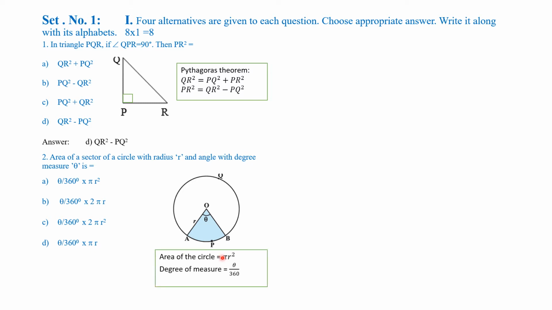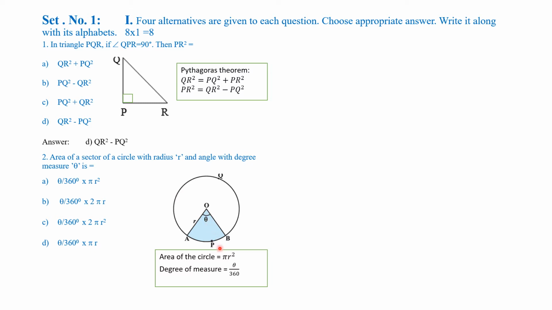Please see the text box. Area of the circle is given by pi r square. The total angle of a circle is 360 degrees and our sector is confined to angle theta.